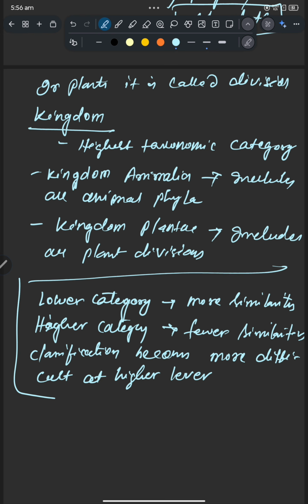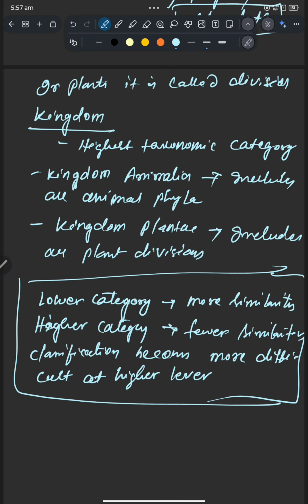So this is most important. Why it is difficult, you can explain: because lower categories are based on more similarities and higher categories are based on fewer similarities.